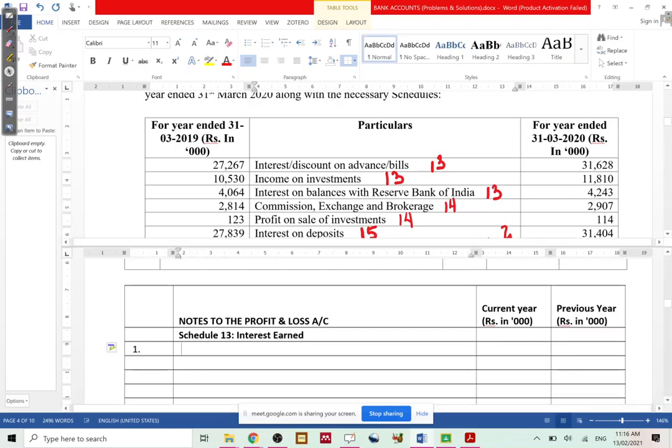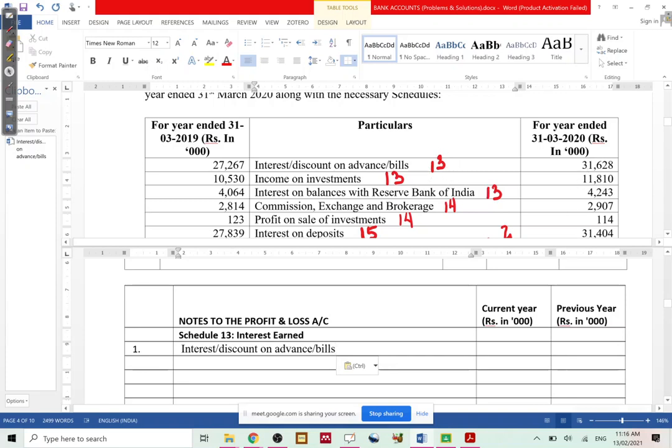Under interest earned, that is schedule 13, you have interest or discount on advances or bills. In this case, since I'm doing it online, I'm just going to copy paste the whole thing. Of course, you don't have that option and you have to write each one of these down anyway. So interest or discount on advances or bills comes under schedule 13.